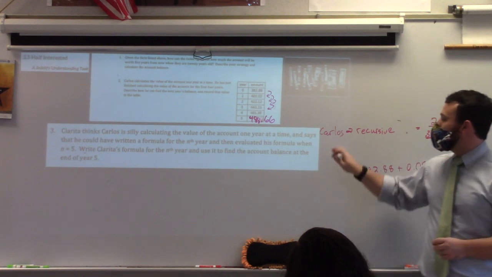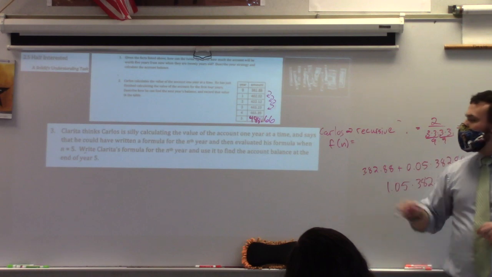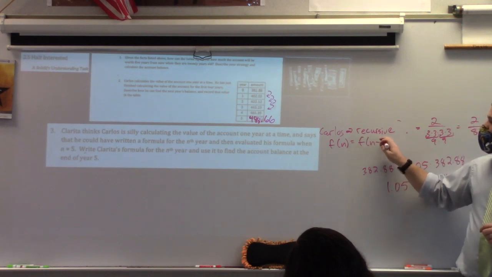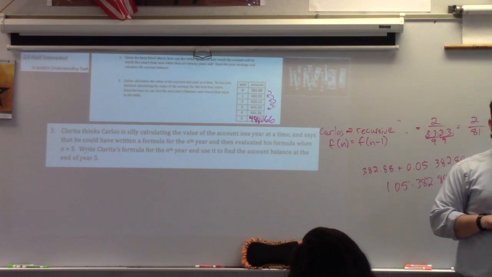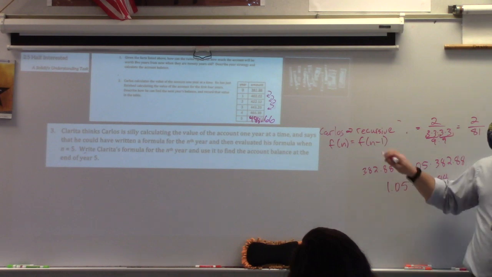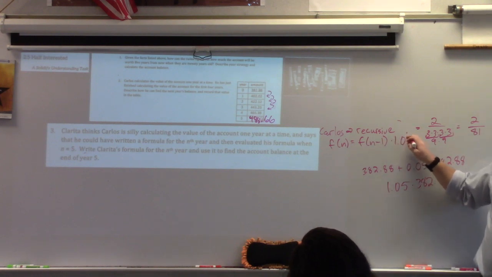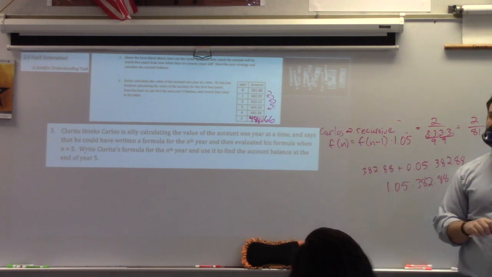Specifically, I do want you to notice, f of n is equal to f of n minus 1. What would he write next for his recursive idea? Times 1.05. Notice how he's repeatedly multiplying the previous number by 1.05 to get the current one? That's a recursive definition.